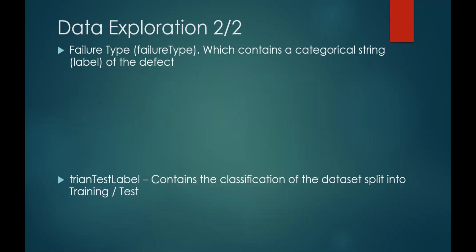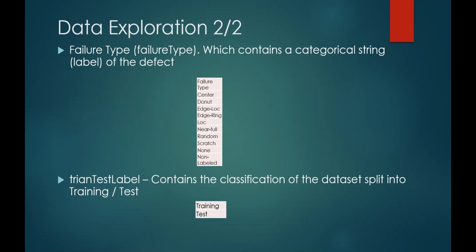The failure type, which contains a categorical string label of the defect: center, donut, edge loc, edge ring, loc, near full, random, scratch, none. The train and test label contains the classification of the data set split into training and test.